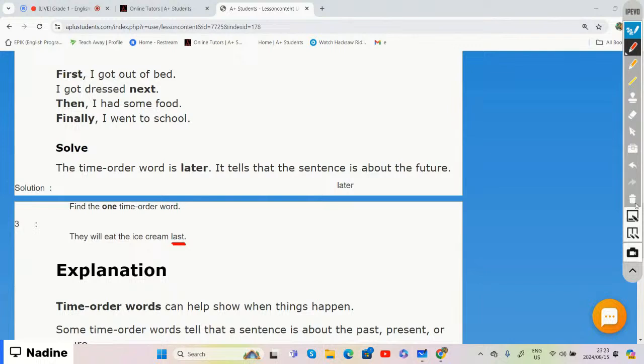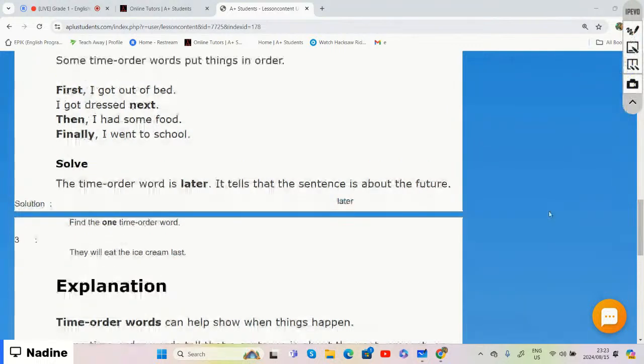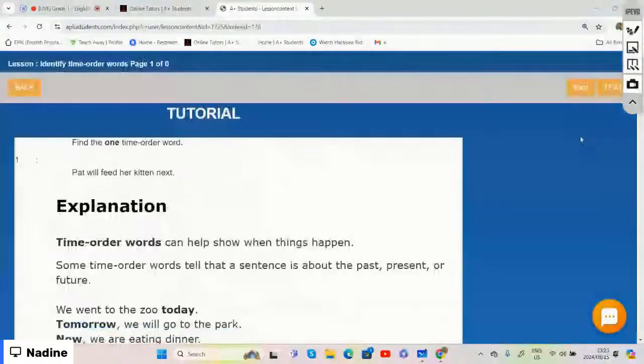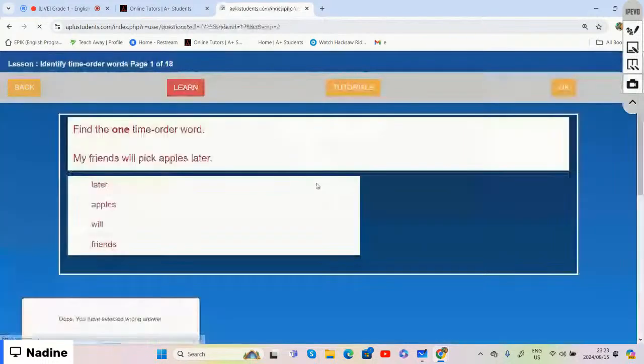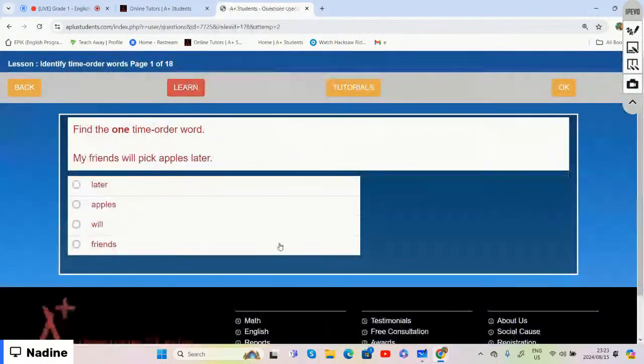All right, now we're going to our test, where we're going to identify time order words. So now we're going to begin the test. We need to find the one time order word. My friends will pick apples later.